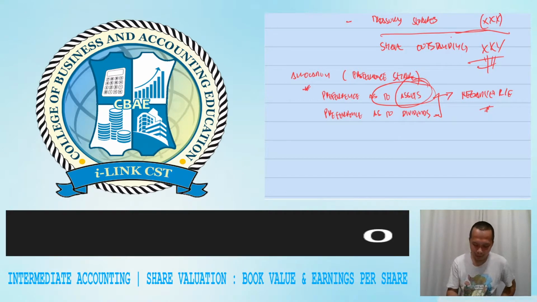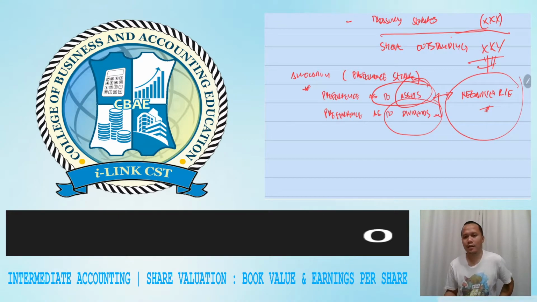But if preference as to dividends lang siya, regardless if cumulative, participating, and so on, pag negative siya, no dividends can be paid. Kuha niyo yung difference, no? Because yun nga, the preference share is only preferred as to dividends.